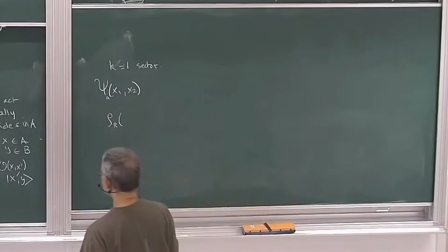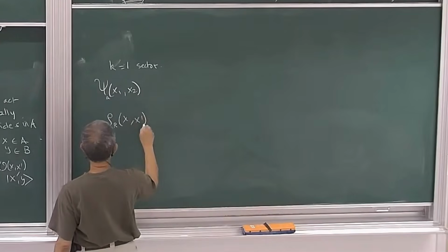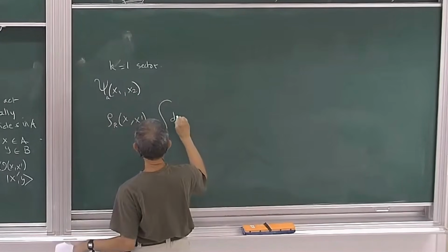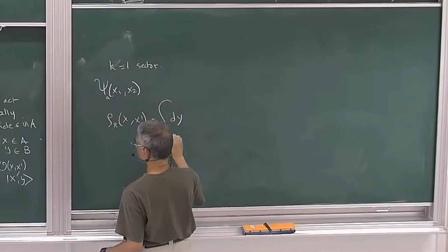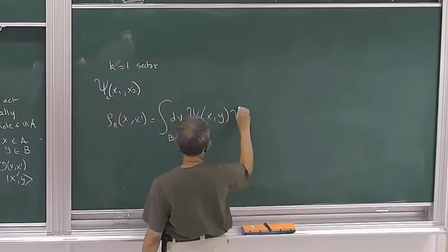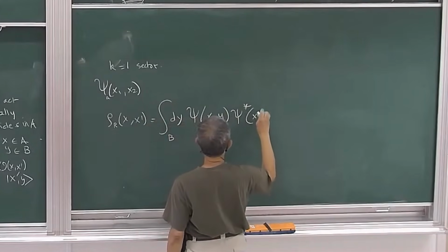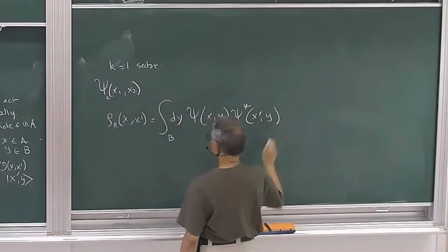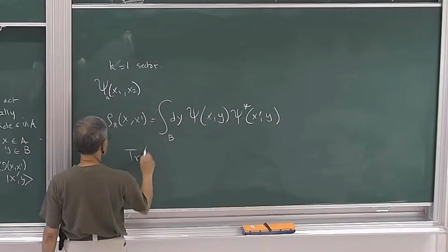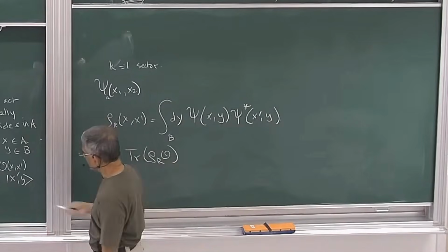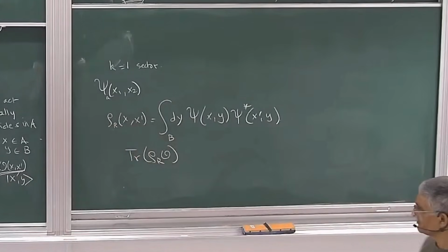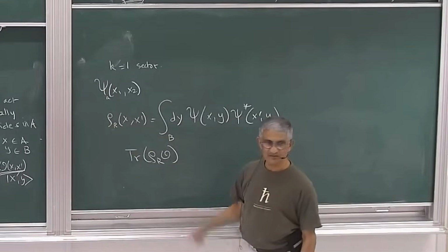So this will be a function of X and X prime, and it's very easy to check that I called it dy, which is an integral over B. It's easy to check that the expectation values of operators like this can be obtained by taking rho this. Again, this operator is an operator in the single particle Hilbert space, and it can be reproduced like this.